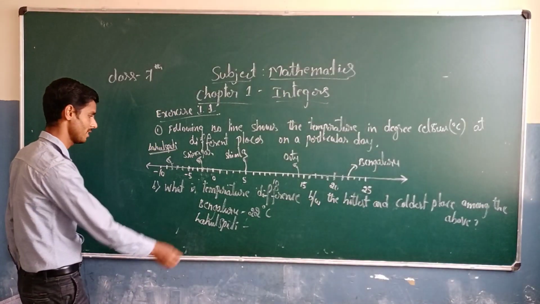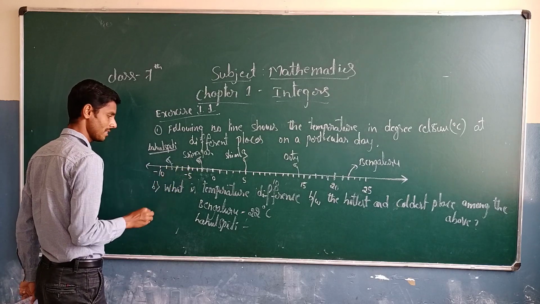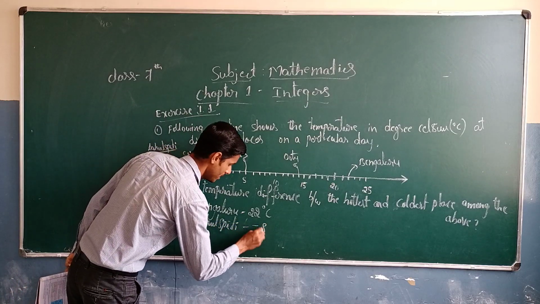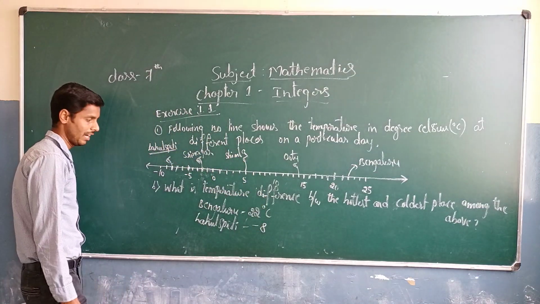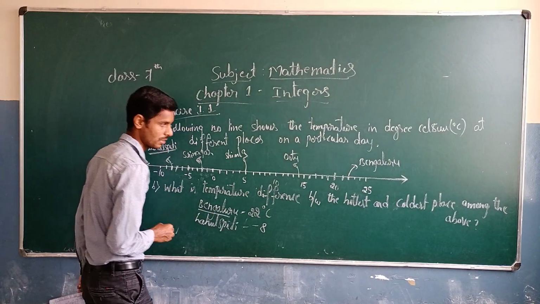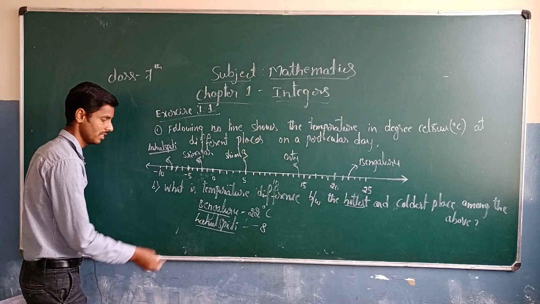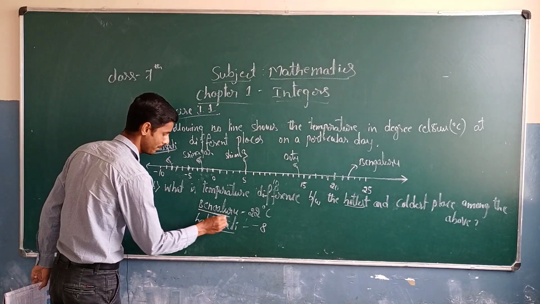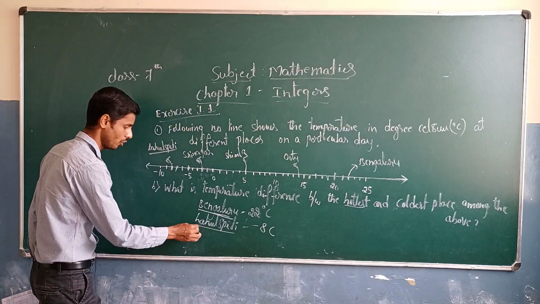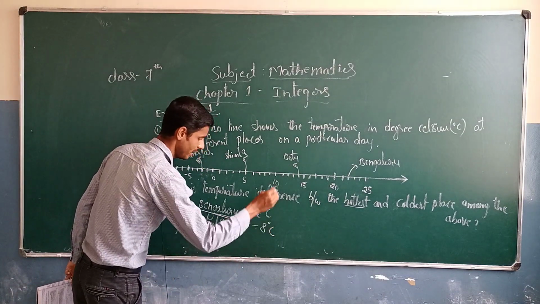This is -5, -6, -7, -8. We have found out the temperature of the hottest place and the coldest place. The hottest place temperature is 22 degrees Celsius, and the coldest place temperature is -8 degrees Celsius.